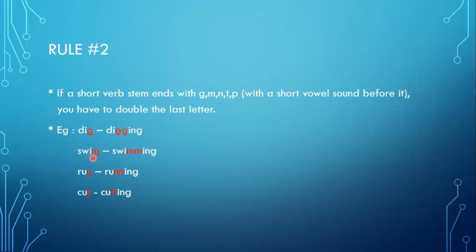We can double the last letter before adding ing. So here I have written the word swim and I have doubled the last letter and have added ing. Hope you have understood. If not, you can comment below. I can explain it in the next video.